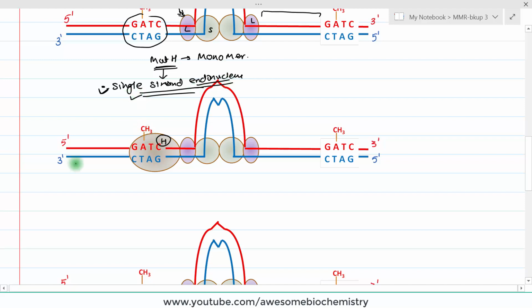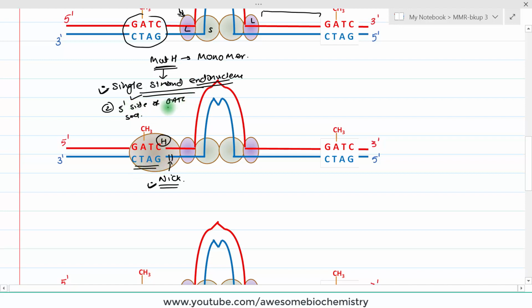On the single strand, that is the first rule, and the second rule is on the 5' side of the GATC sequence. So for this GATC sequence, this is the 3' end, this is the 5' end. Here the cut is formed, and so there is a formation of a nick, right?